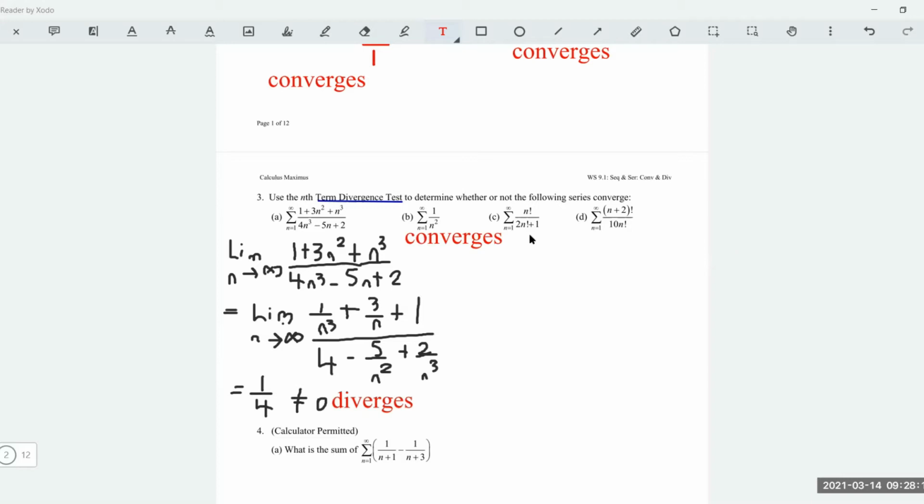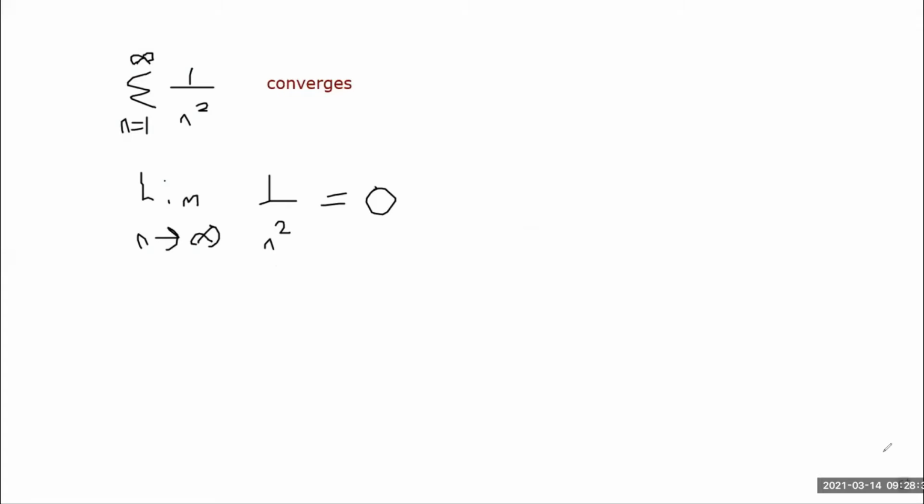Part C says to evaluate the sum from n equal 1 to infinity of n factorial over 2n factorial plus 1. To do that, all we need to do is find the limit of the nth term because we're using the divergence test. So let's do that.